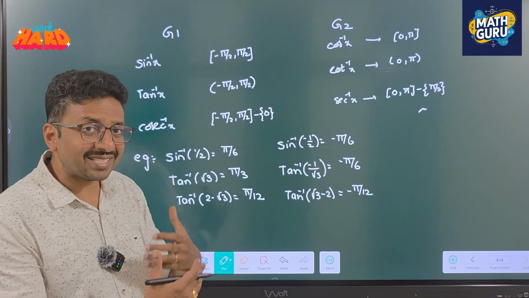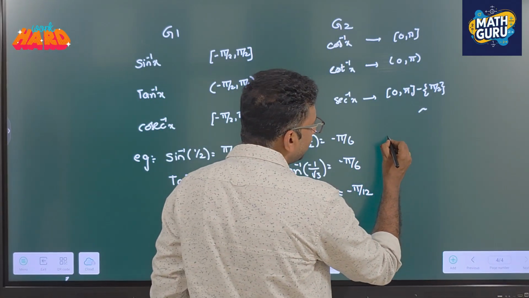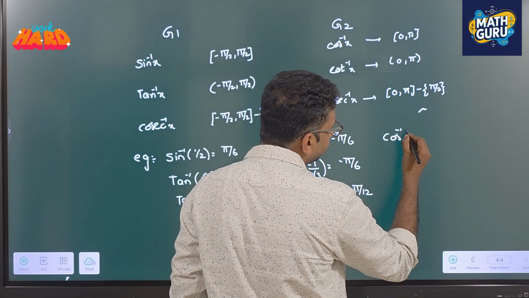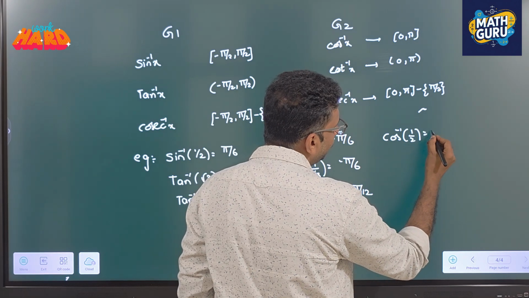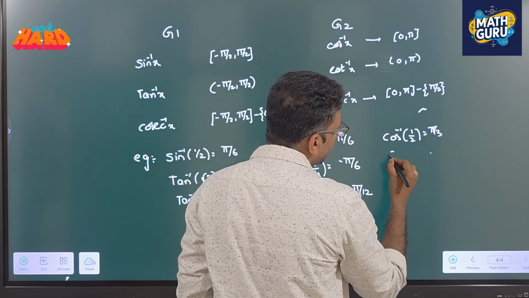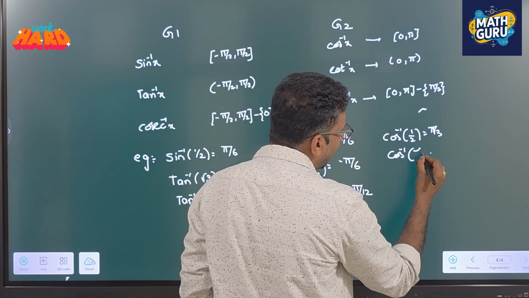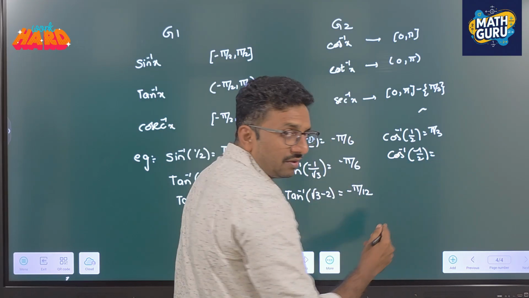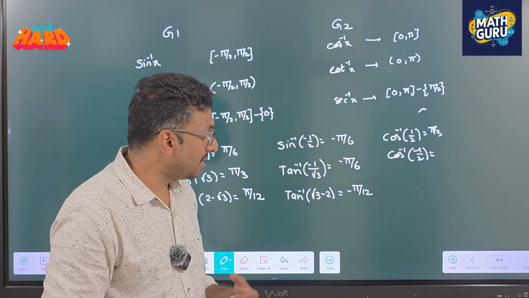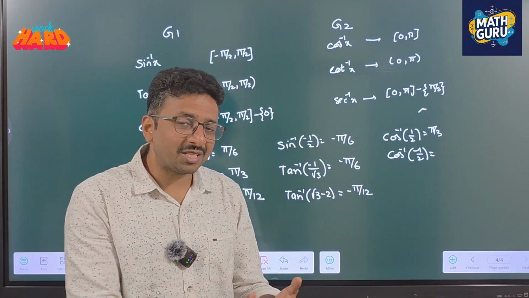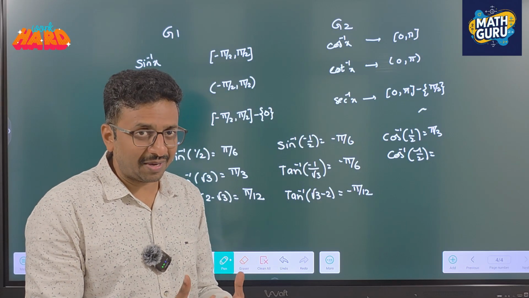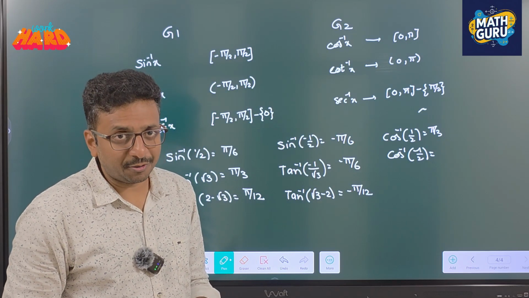For group 2, there is a slight difference. For example, cos inverse of 1 by 2 is equal to pi by 3. Cos inverse of minus 1 by 2 will not be minus pi by 3, because cos of minus pi by 3 is not minus 1 by 2. Cos of minus pi by 3 is also plus 1 by 2.